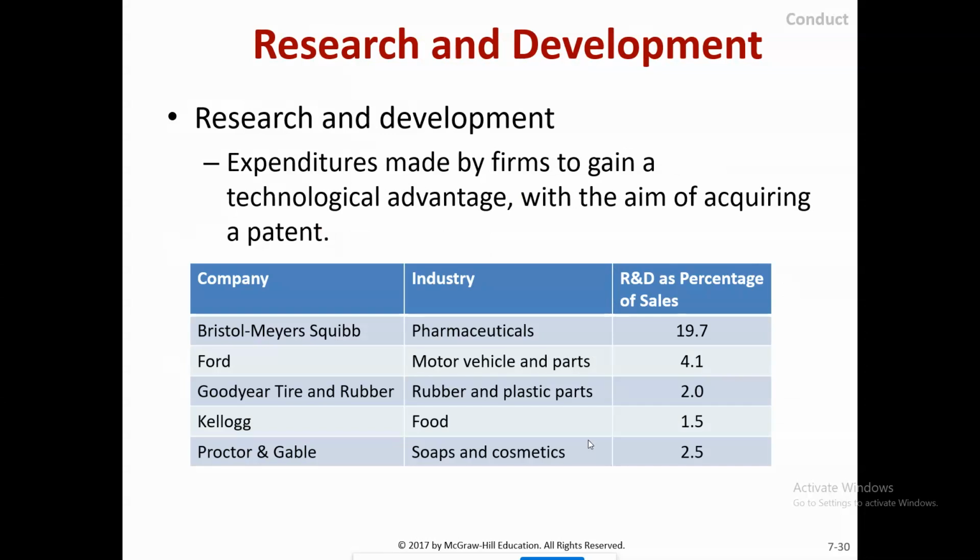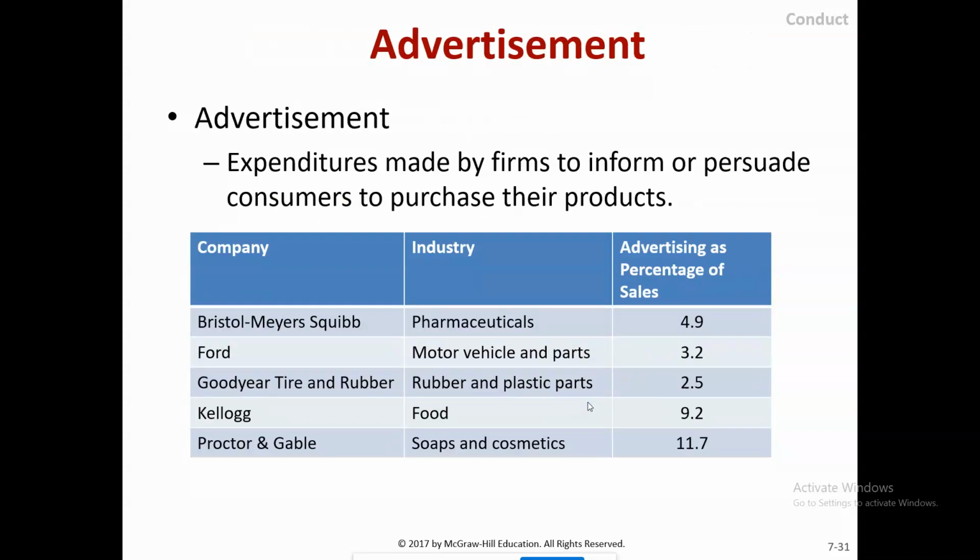See if they are consistent with your expectation. We can see pharmaceutical firms spend the most on research and development for new medicines or treatments. Food industries spend the least.